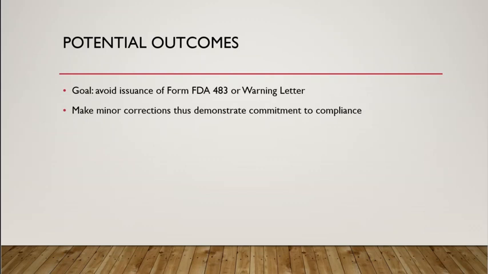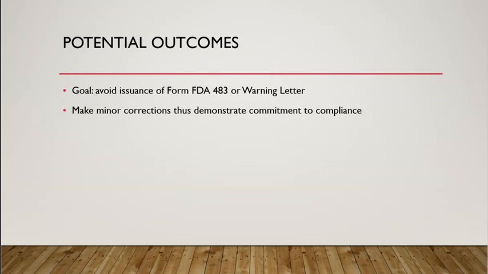As we go through inspections, what we will want to be doing is making minor corrections, showing the FDA inspector that we're committed to compliance. And that's got to be an absolute, true commitment from the highest levels of our organization all the way down.